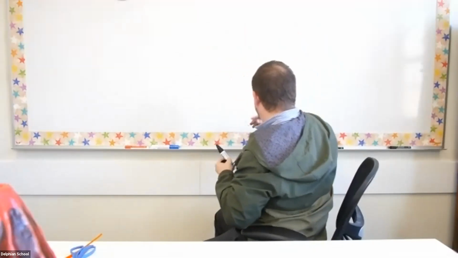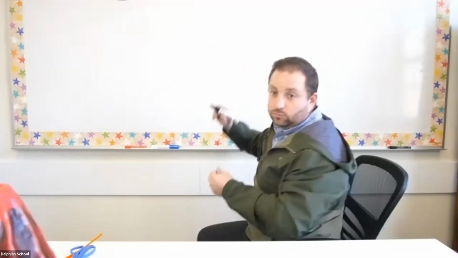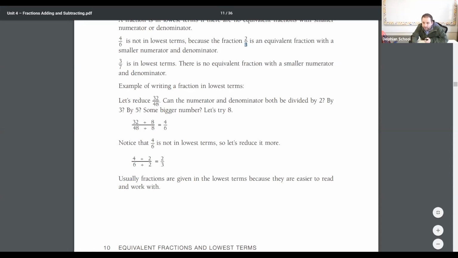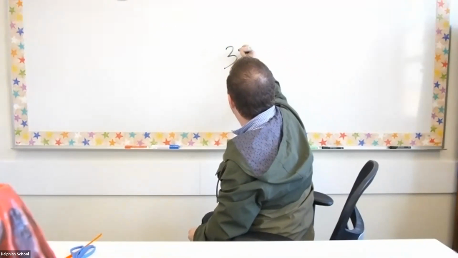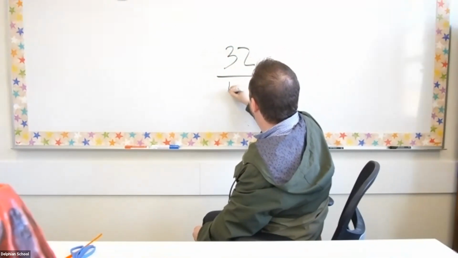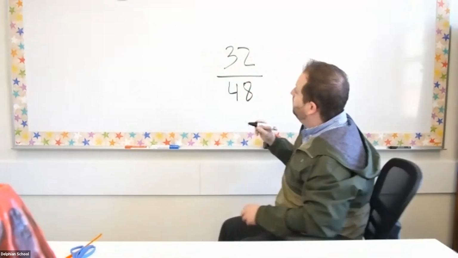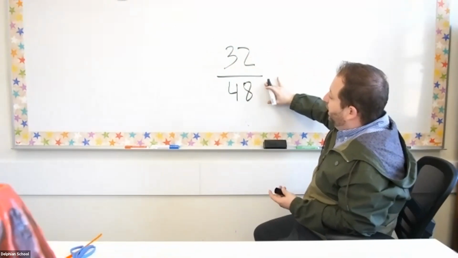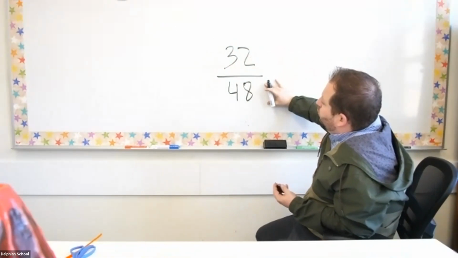All right. Let's see, it was 32/48. So it's 32 over 48, so 32 out of 48. There's a lot of ways we could do this.